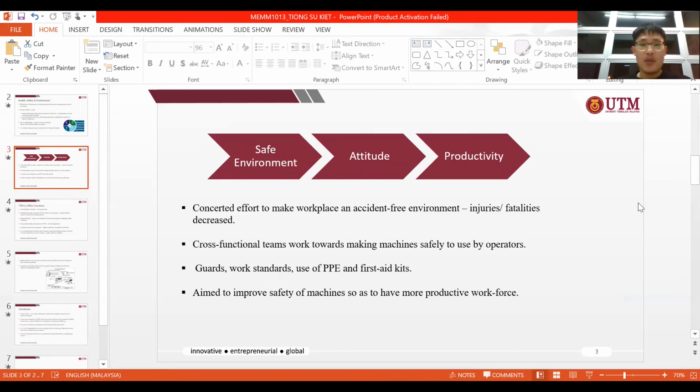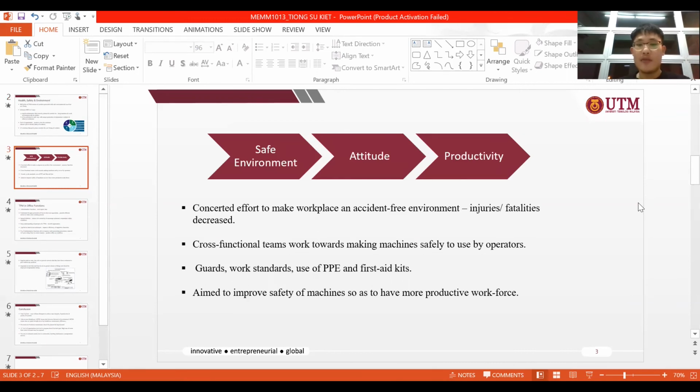When the worker is working in a safe environment, they will have a good attitude, which eventually leads to high productivity in the workplace. This is all because injuries or fatalities decrease due to the concerted effort to make the workplace an accident-free environment.